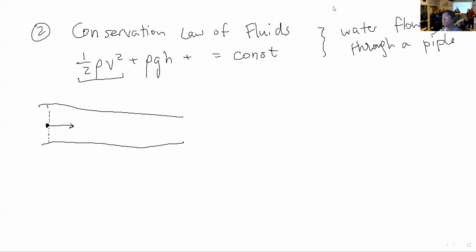All right, I'll just call it P. Well, it was just K over V, but we usually just write it out as 1/2 rho V squared.